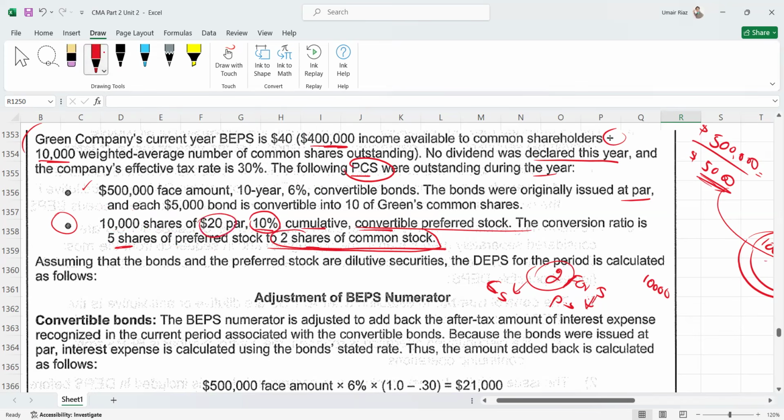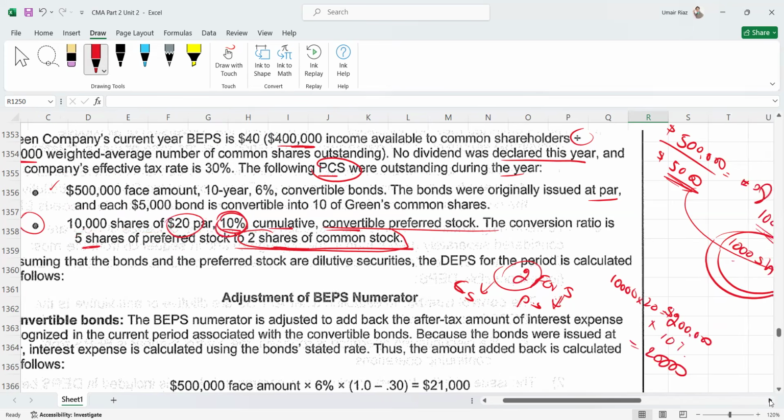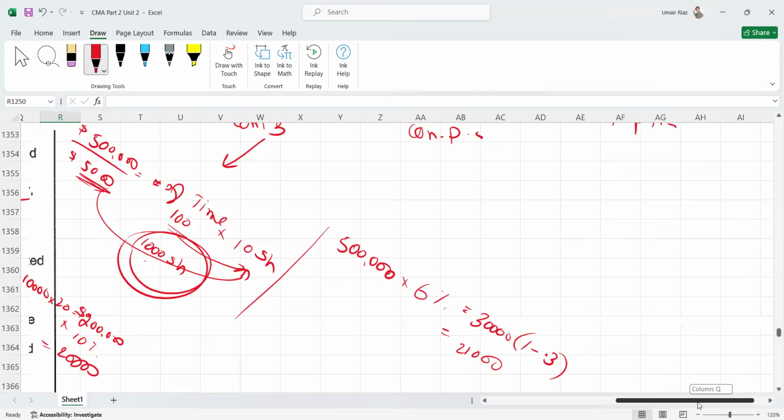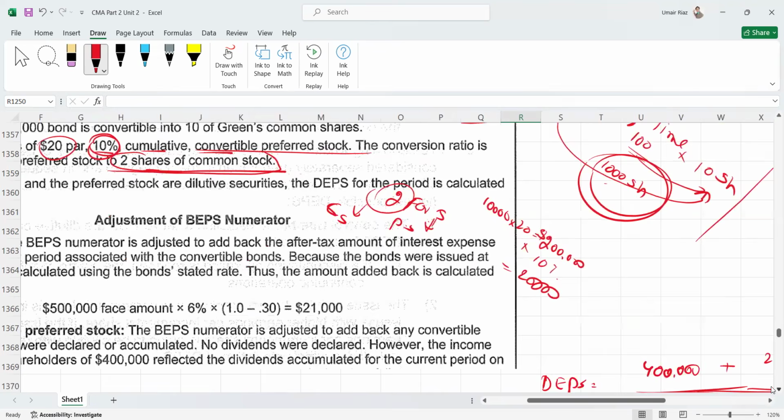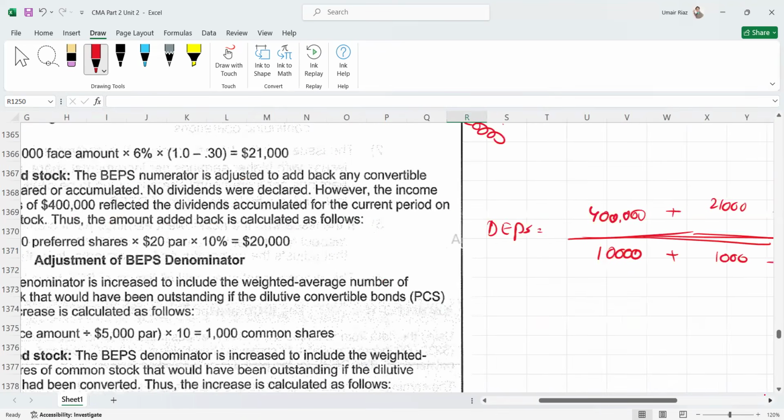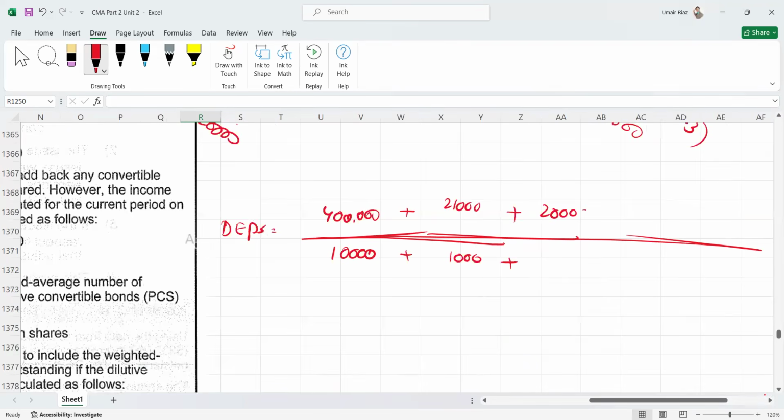So 10,000 times 20 is 200,000 par value. Into percentage of dividend, how much? 10%. So dividend saved is 20,000. So this 20,000 I'll add here. Dividend saved is 20,000, so I write it here. And please don't do 1 minus T, okay?